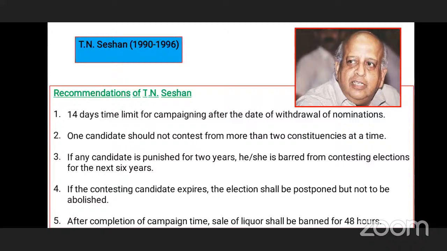In the Indian political system, the Election Commission has been playing an important role. After Mr. T.N. Seshan came to the office, it gained more popularity in his period.